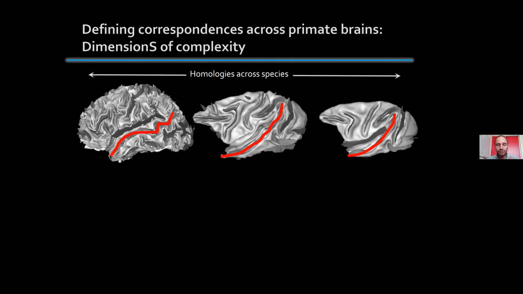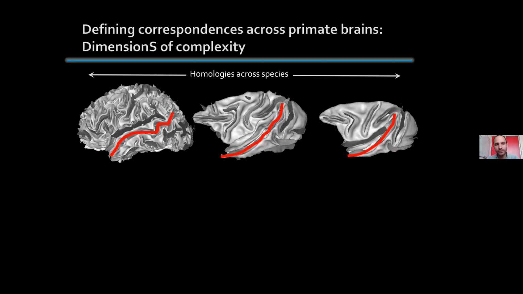First, I want to recall that in my talk, I will be talking about the geometry of the brain, not the anatomy. For the anatomical organization, I will refer to Céline. But here, we are facing a problem of defining correspondences across geometries of different brains.